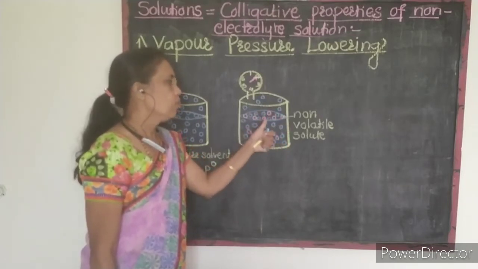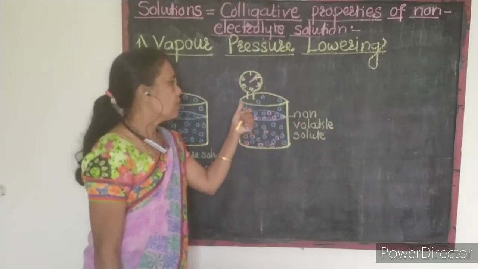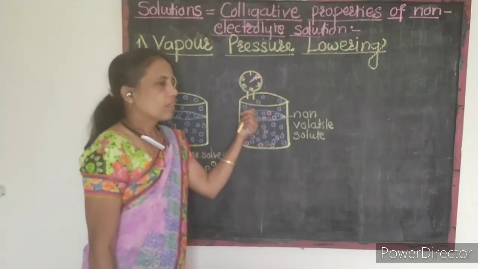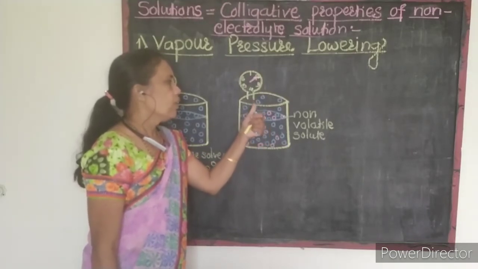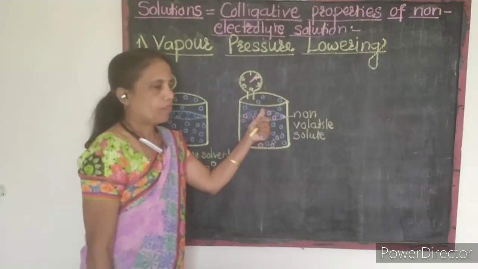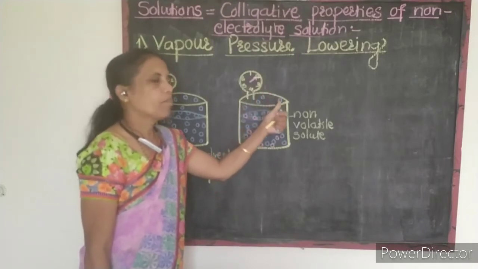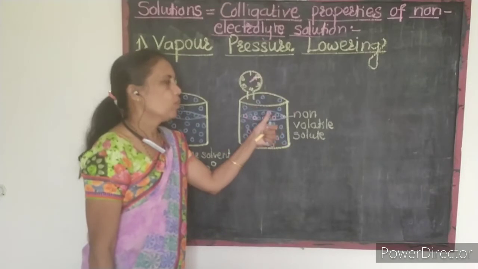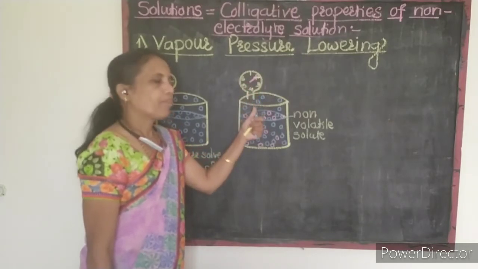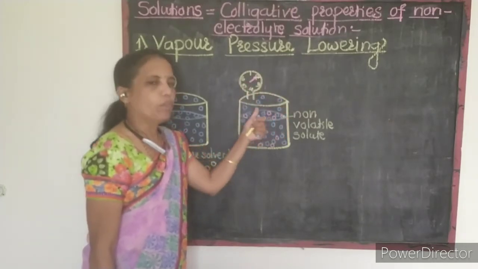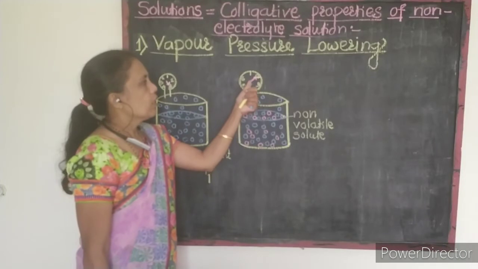The solute is non-volatile, and due to this, the vapor at the surface of the solution is contributed only by solvent molecules and not solute molecules. Therefore the vapor pressure here is only contributed by solvent molecules, and this is comparatively less than that of pure solvent.